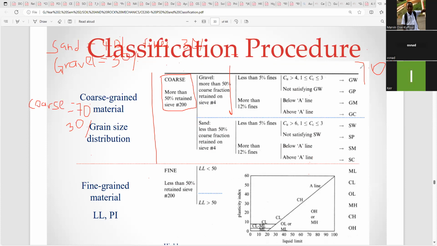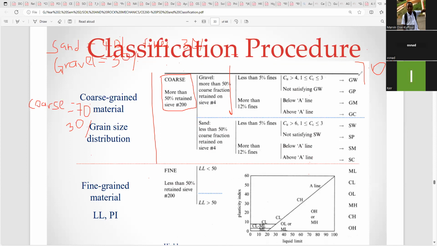It basically means that if you have more gravel than sand, go for the top one. If you have more sand than gravel, go for the down one.